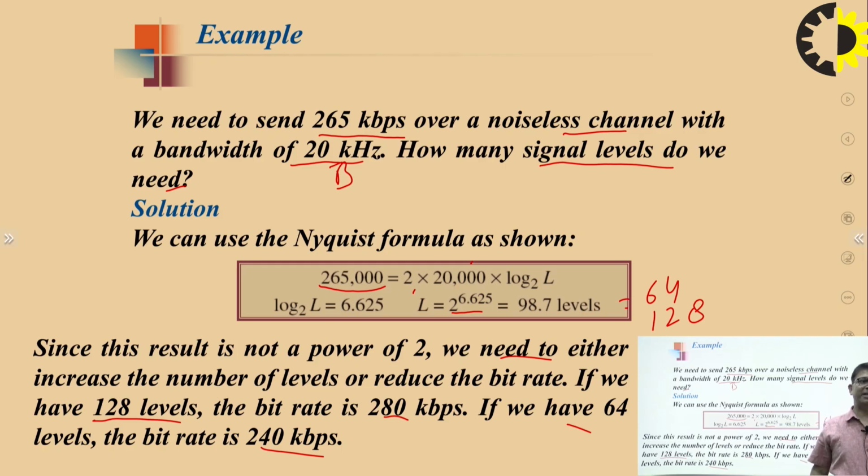We can reduce the level instead. So 240 kbps is below the 265 kbps, and we can increase the reliability. So L equals 2 to the power 6. Okay.